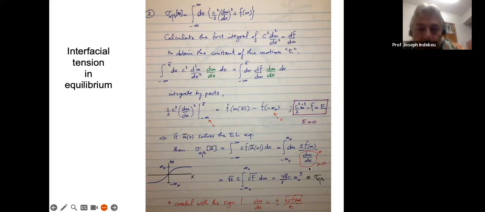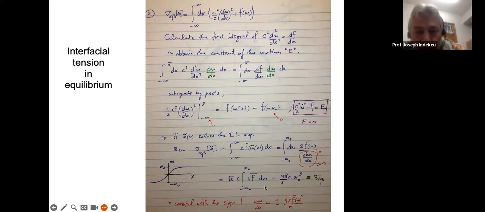If we would have a negative integrand, we would have to reverse the integration limits in such a way that we obtain a positive quantity. But here this is very simple. We don't have to manipulate much, or we don't have to split into different parts in space, because we go from minus m0 to plus m0 in a monotonous way with an always positive derivative. So this is fully correct the way it stands here.